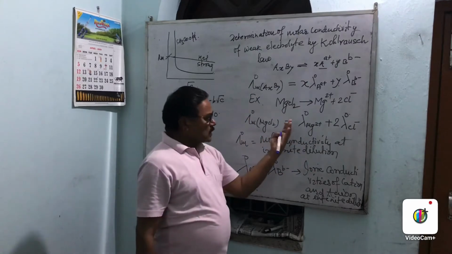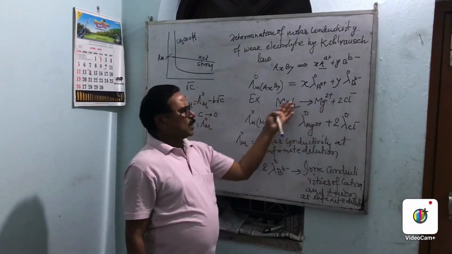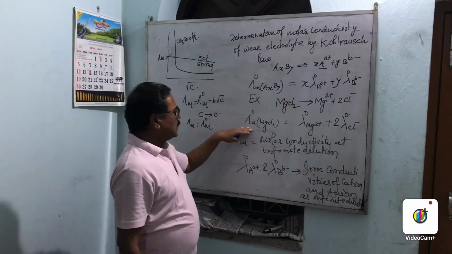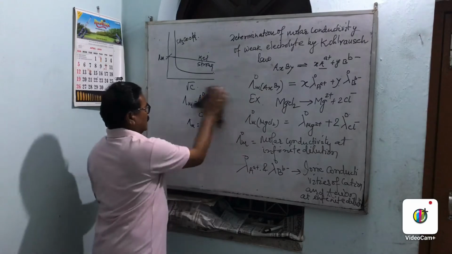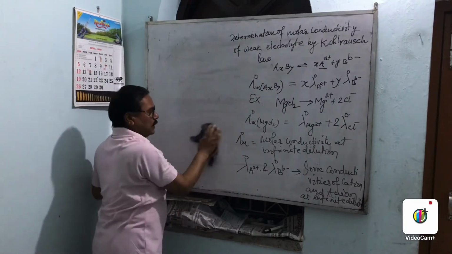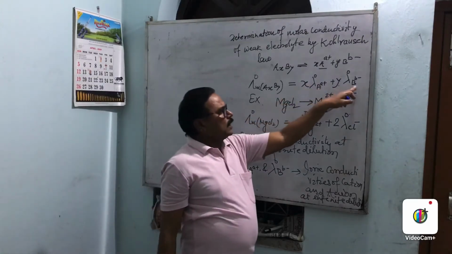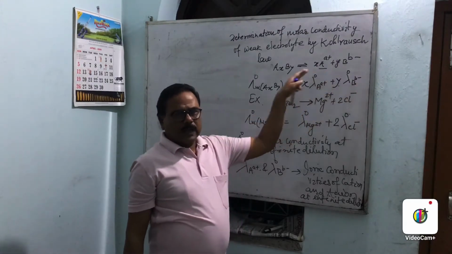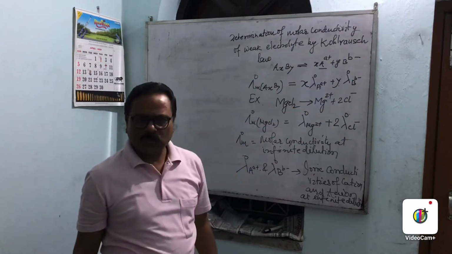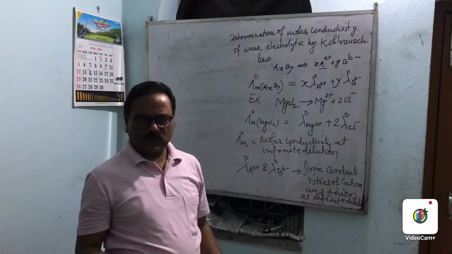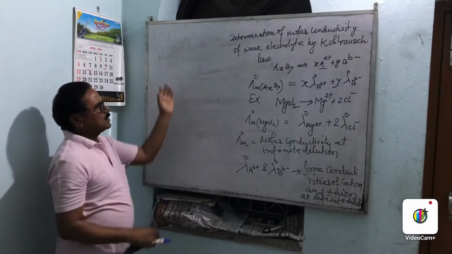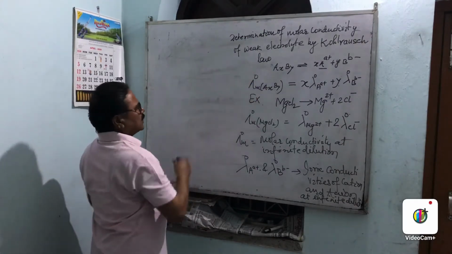And each term must be multiplied by the number of positive ions and the number of negative ions due to the dissociation of the electrolyte. This is the statement of Kohlrausch's law and this is the mathematical form.